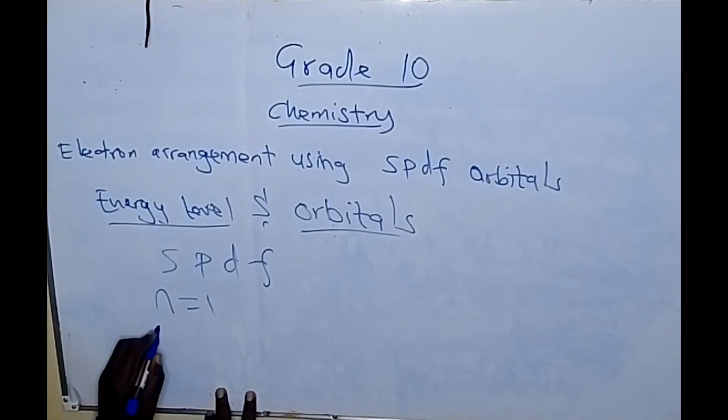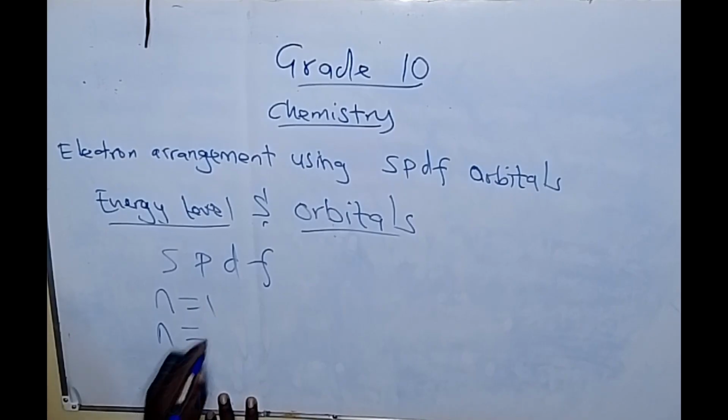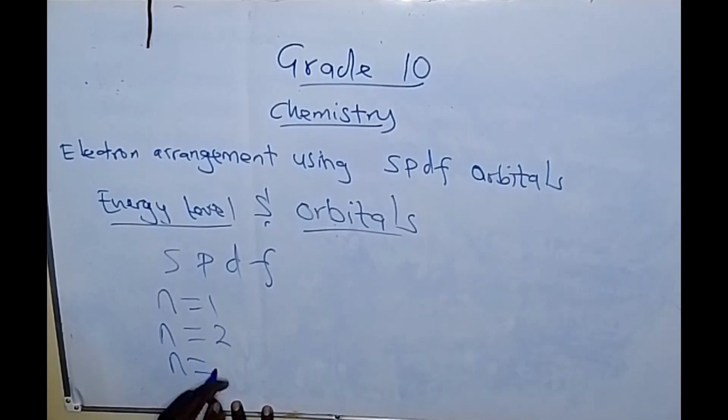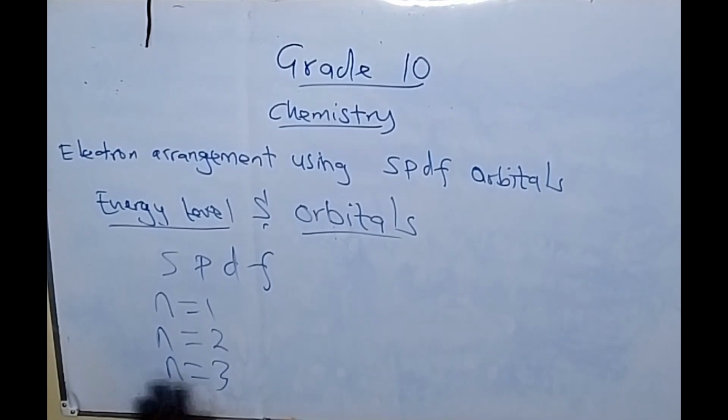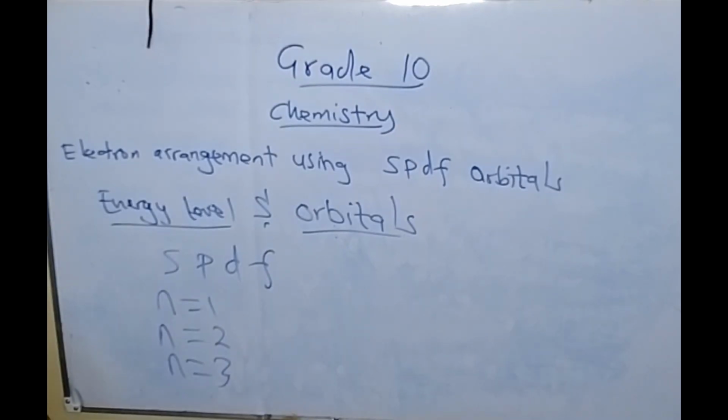Principal energy level number 2 has two sub-levels, and when n equals 3, where n is the principal energy level number, there are three sub-levels. So when n is 1, that is one sub-level, n is 2, two sub-levels, n is 3, three sub-levels, and n is 4, that is 4 sub-levels.